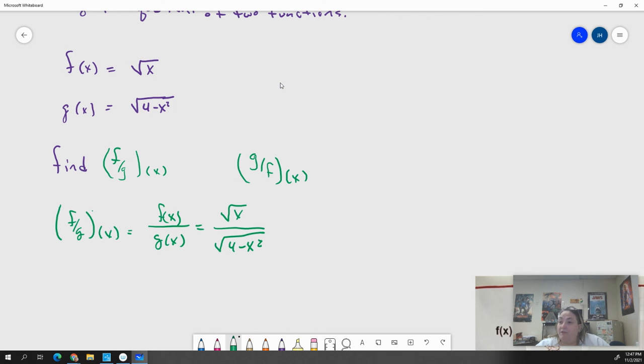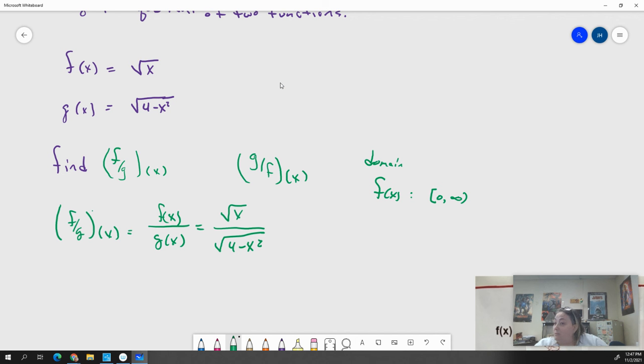The domain of f of x would be anything 0 and greater. It could be 0 and it could go all the way to infinity. It can't be a negative because a negative under a square root is imaginary.